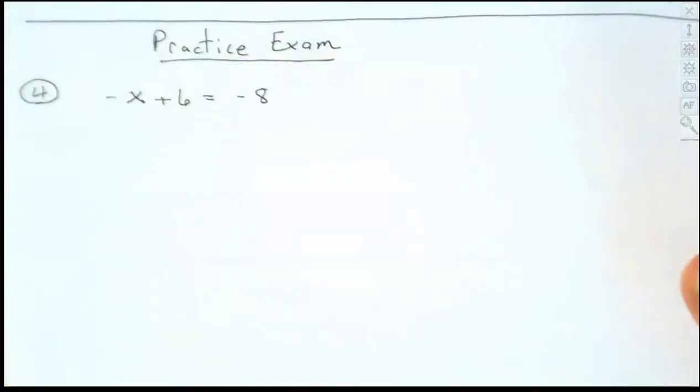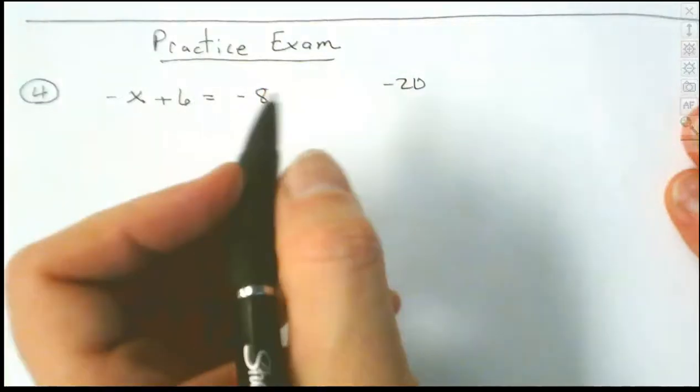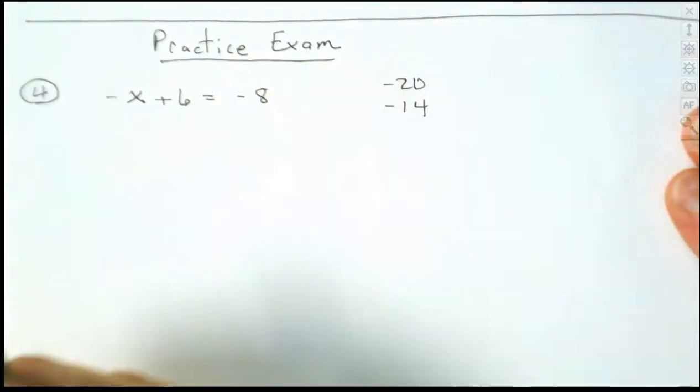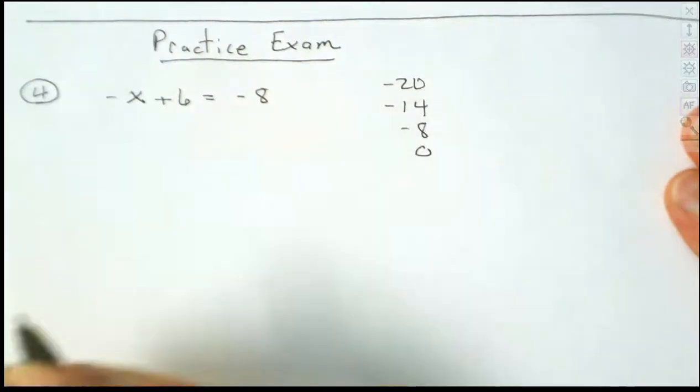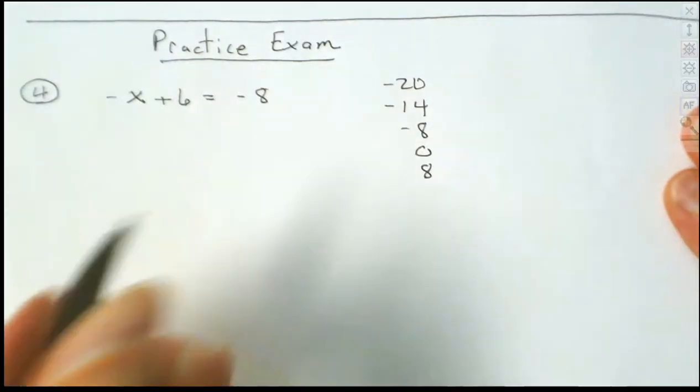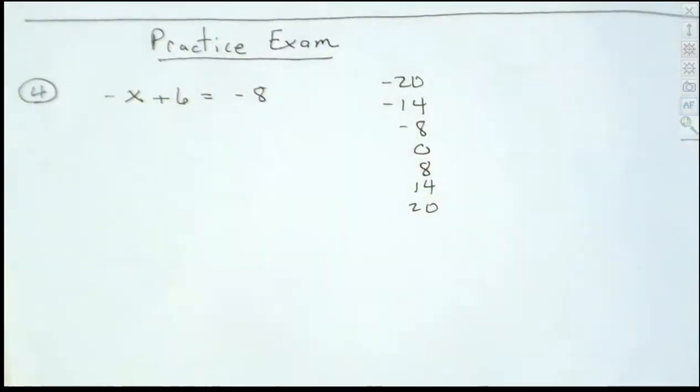And then they give you some possible choices. So minus 20 is a possible choice, minus 14, negative 8, 0, 8, 14, and 20. So those are my possible choices.